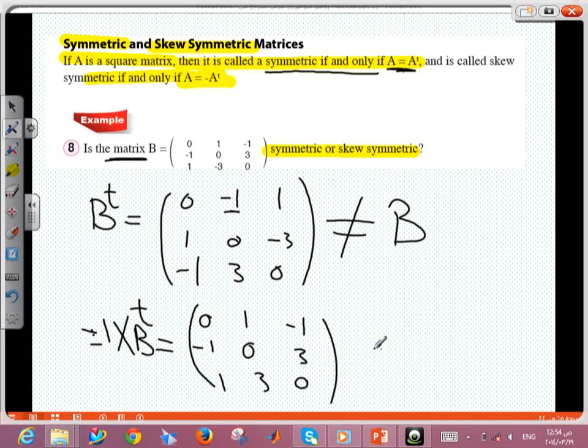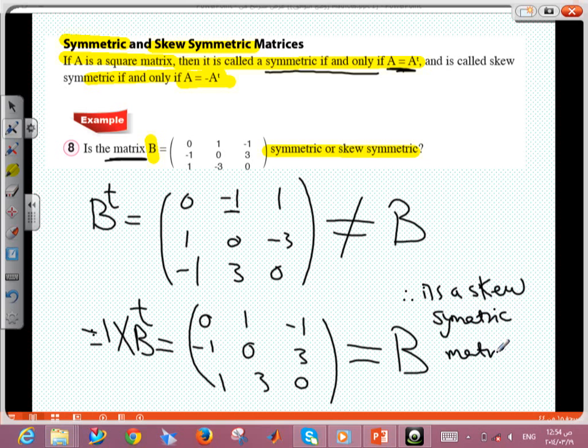You see now it is equal to P. Then it will be called a skew symmetric matrix. Then that matrix is a skew symmetric matrix. Okay, that's right.